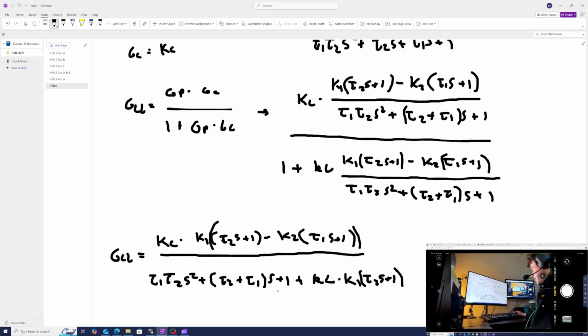This needs a big parenthesis and another big parenthesis here, minus K2 tau 1 s plus 1.